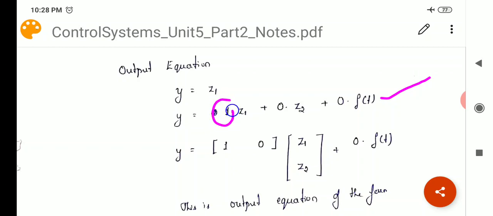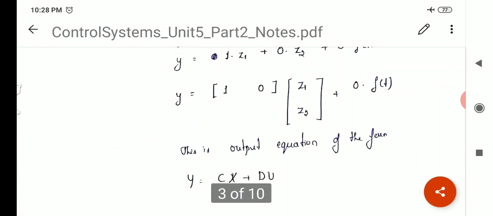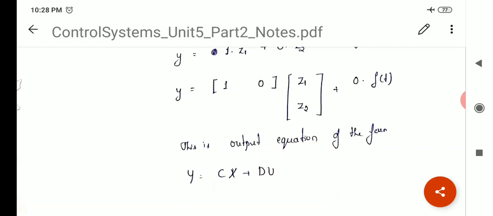So write the coefficient of z1 here, and the coefficient of z2, that is 0, here, and this takes the form Cx plus Du. So in place of C I have the matrix [1 0], in place of D I have the single number, that is scalar 0. So this is the output equation of the form y is equal to Cx plus Du.